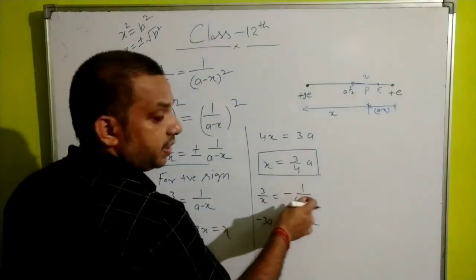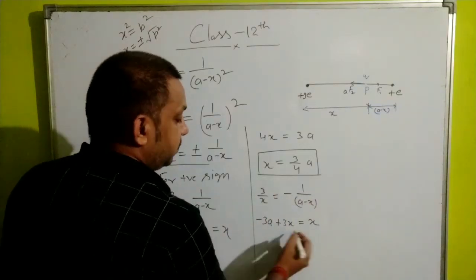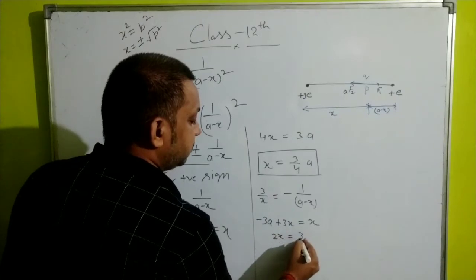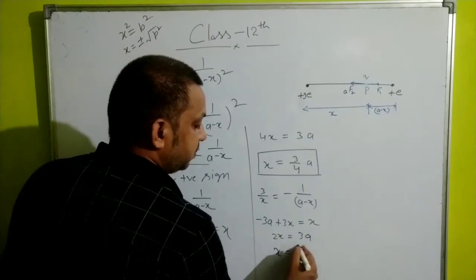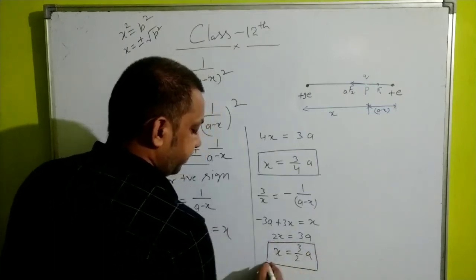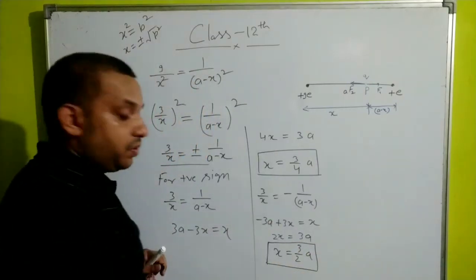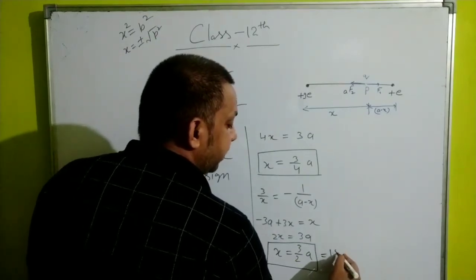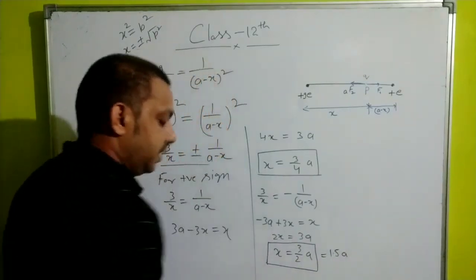Just minus a minus x I am multiplying here. So after simplification, 2x is equal to 3a, or x is equal to 3 by 2 a. Right? Or you can also write this x is equal to 3 by 2 a is 1.5a. Right? 1.5a.